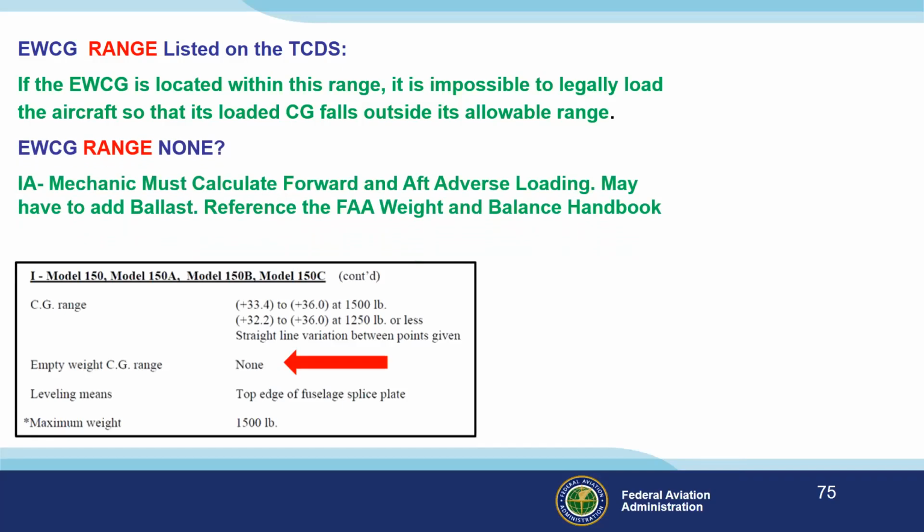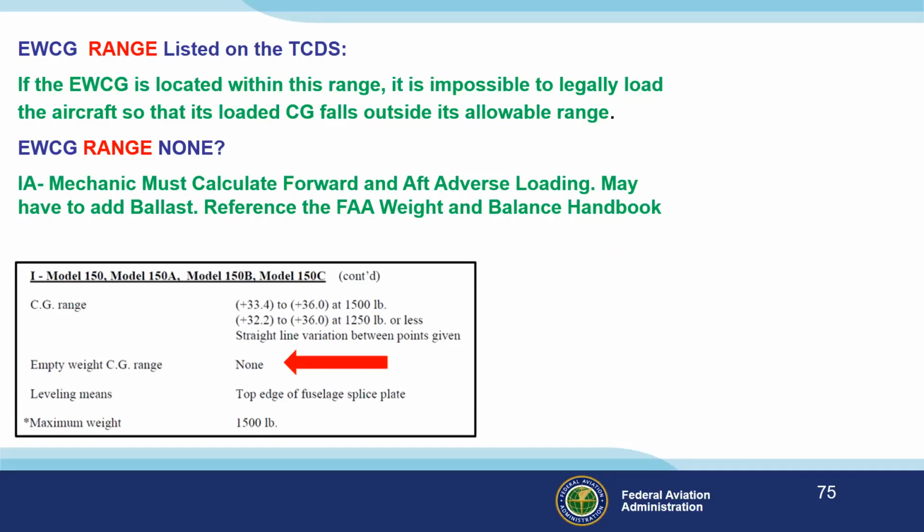And if it says none, then the IA or mechanic must calculate the forward and aft adverse loading. You may have to add ballast. And reference the AC that I showed you and the weight and balance handbook. They have real good descriptions of how to do this if it's been a while since you've done it.